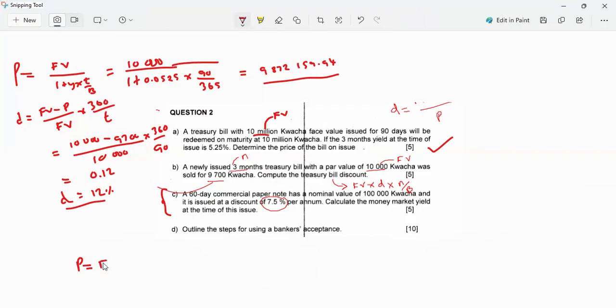Face value. It's almost the same formula here. Open brackets, 1 minus D, T over 360.